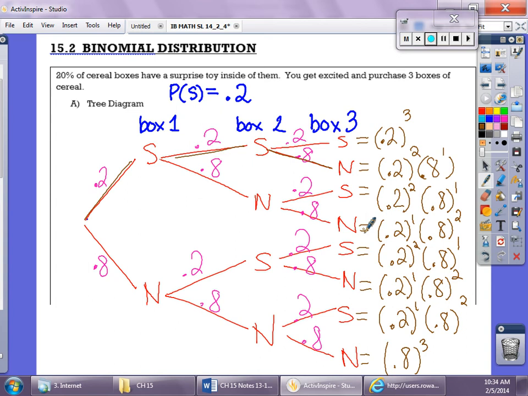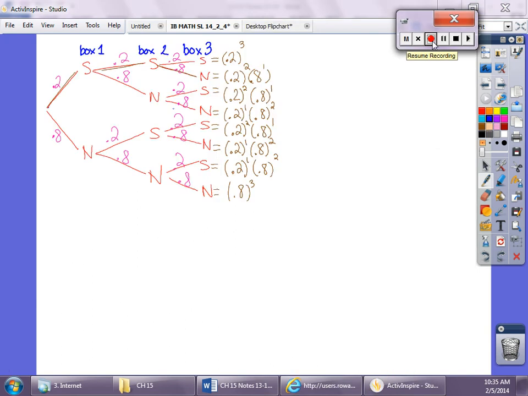The way they're written, they kind of look similar to when we were doing binomial, and we are going to use this concept. So here's the tree diagram, and what I want you to notice is if I asked you, what is the probability of getting all 3 surprises? I just made it a little smaller so I had some room. So this one would be 3 S's.